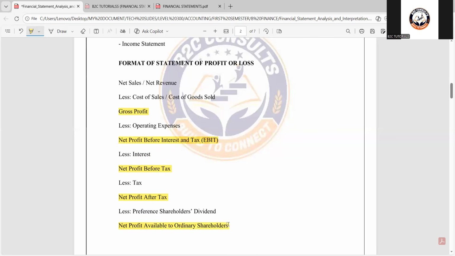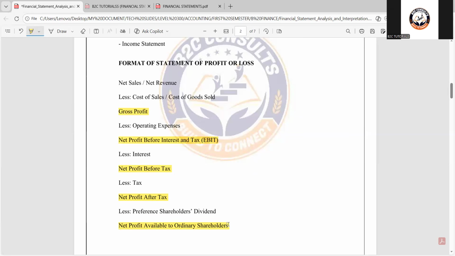Now, who are preference shareholders? They are people that have also given you their money to do business with. But then, as a result of doing business with those monies, you have to pay them some dividend. And they are the first point of call when you are paying dividend. Okay. So whenever you pay, you want to know what is for the owners of the firm. Ordinary shareholders are owners of a firm.